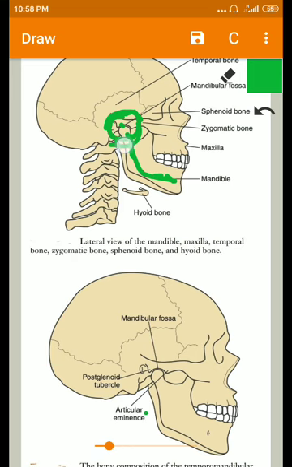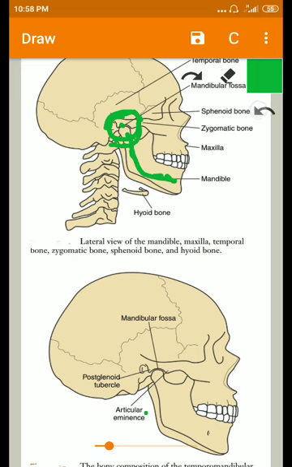Though they are separate joints, they are interdependent to each other in performing motions of the mandible. That means only one joint is not moving. Both the joints will move together to get a desirable motion of the mandible.